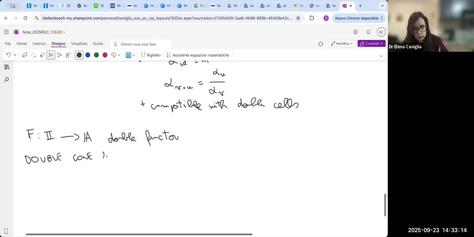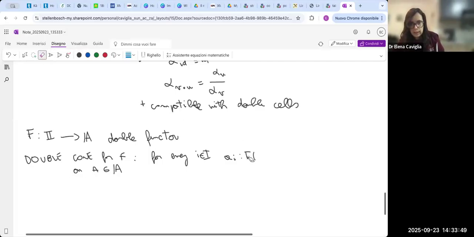A double cone for F is given by these two data. So for every I in I, an arrow from A to F of I, because we are assuming that this cone is on an object A in A. So we get for every I a morphism.